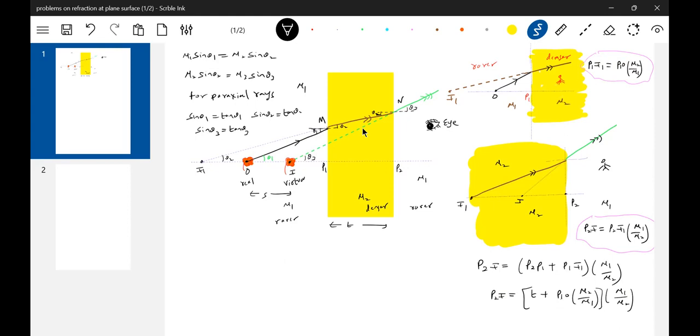Now, what is needed for us is P2I minus P1O.